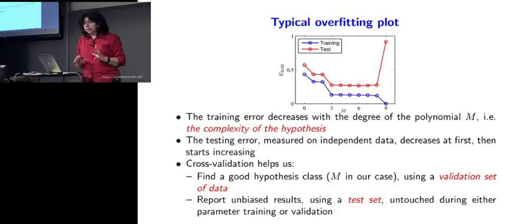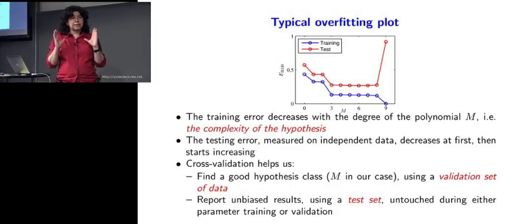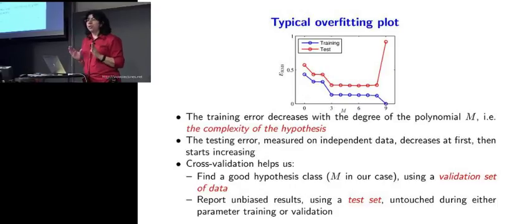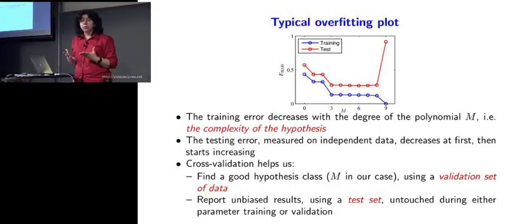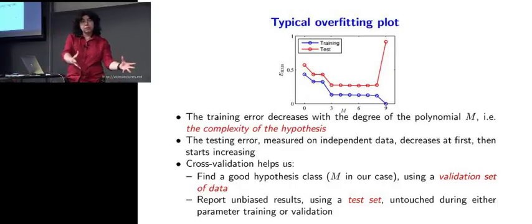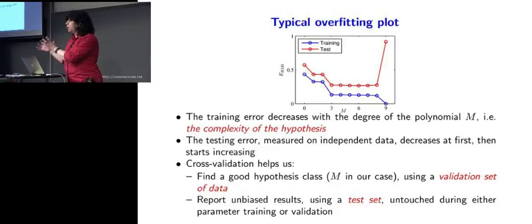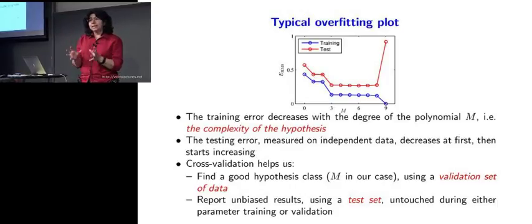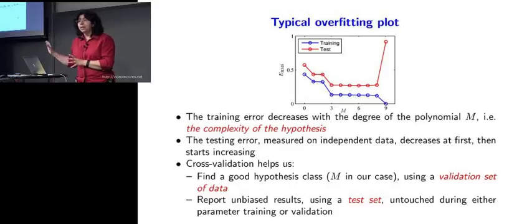So this is very much a standard thing that you must absolutely always do when you try out learning algorithms, which is cross-validation. You train on a subset of data, you test on an independent set of data, okay? Now, everybody says, oh, no, I know how to do this. When I say an independent set of data, I mean that data should not be touched in any way during the training process.